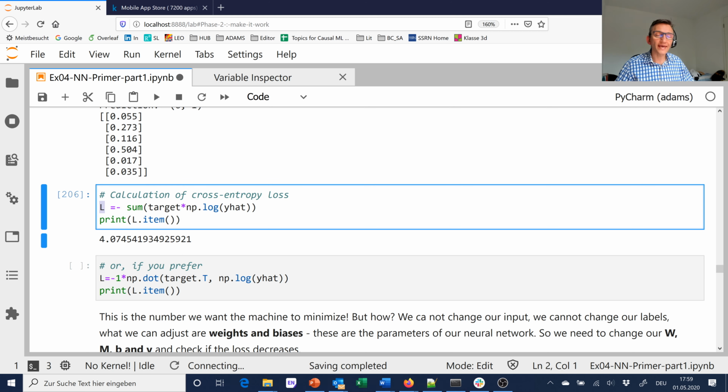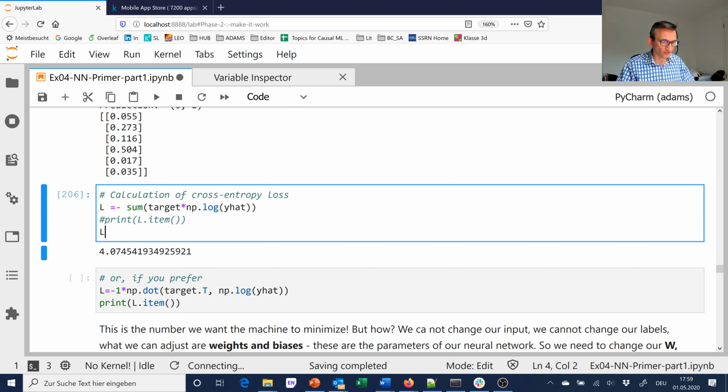The result of that summation is an array. And I'm using here this item function, which NumPy offers to pull out the actual value from that array. Just so that you see what I mean.